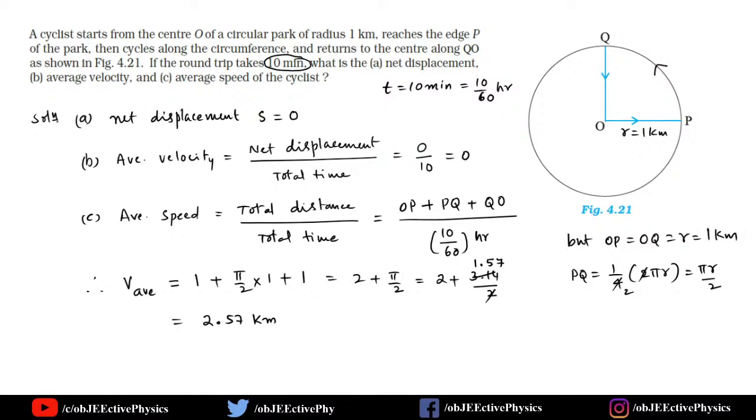2.57 kilometers. This is the total distance, so V average is this divided by time. Here the whole is divided by the time, which is 1 by 6 hours.